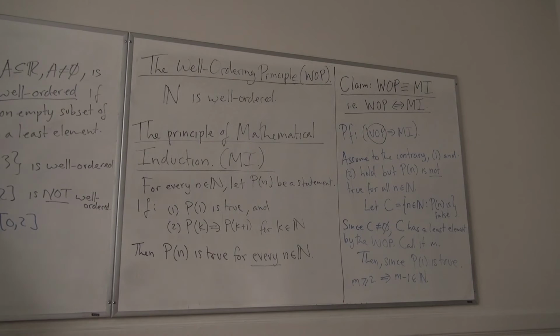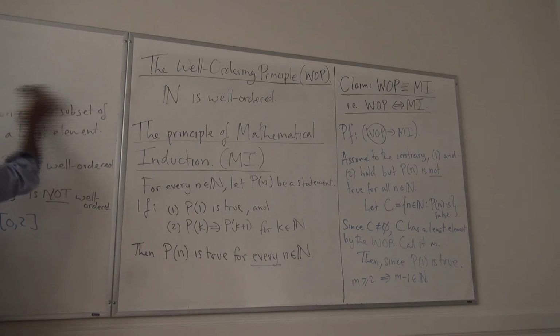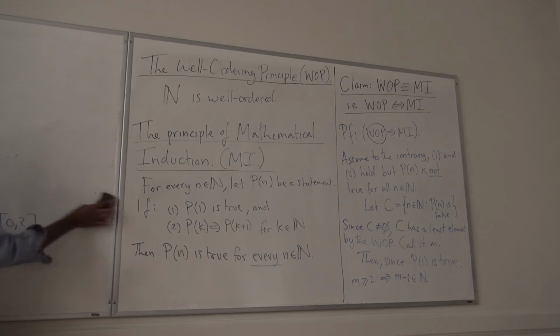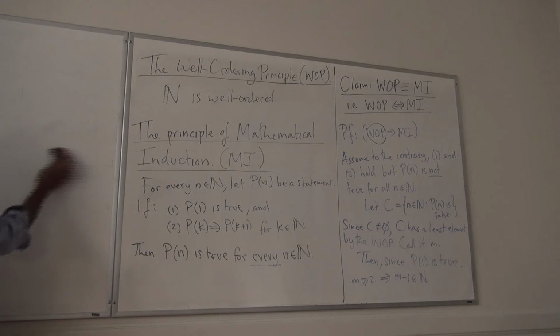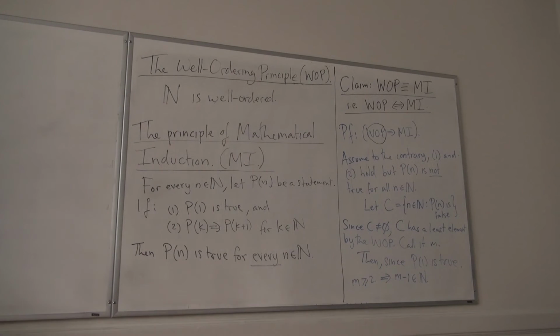Now what can we say? Well, since we're assuming P of k implies P of k plus 1, then we have P of 1, so P of 1 plus 1.